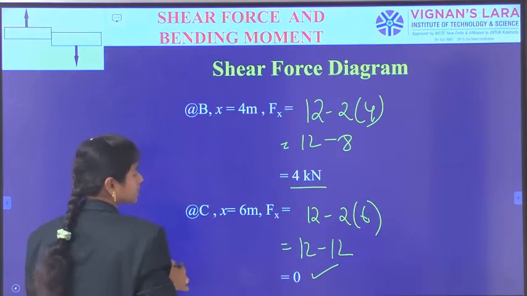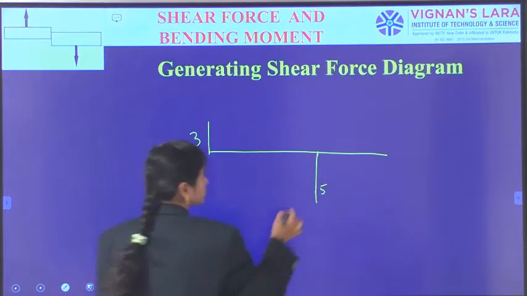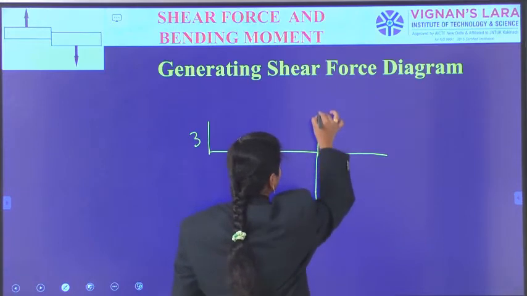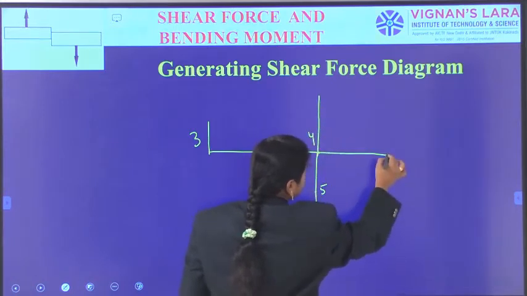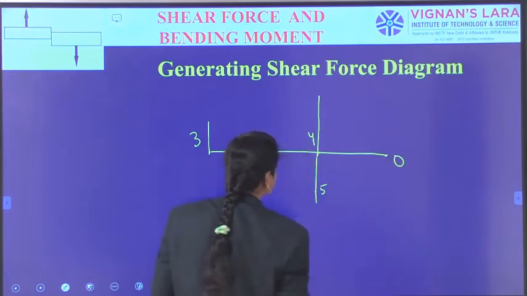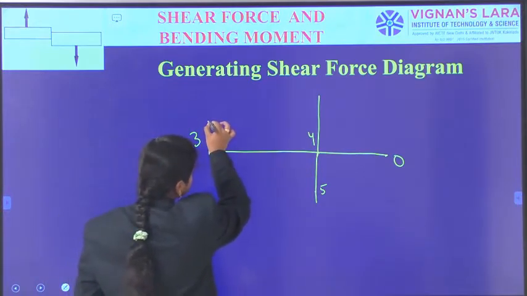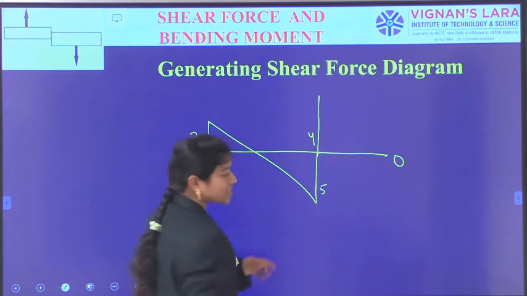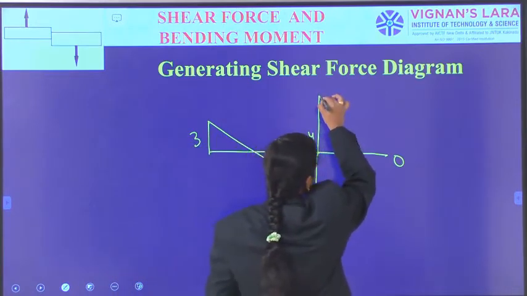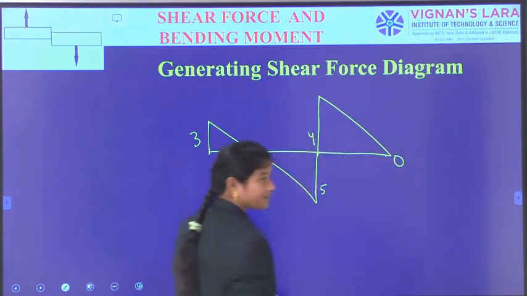And in the previous step 4 and 0. So at B positive 4, at C 0. Now the connecting lines between these answers: the first one is also a single degree straight line equation, and the second one is also a single degree straight line equation.